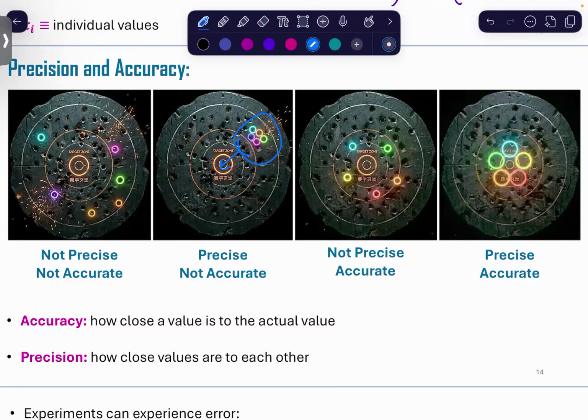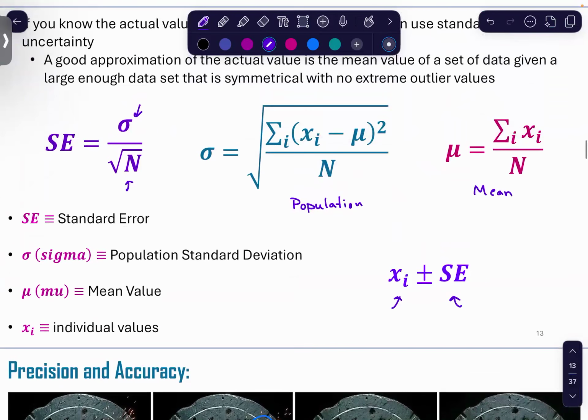Now, your third one, you see they've gotten much closer to the bullseye, so your data is accurate but not precise. You'd have a large standard deviation. Oh, and by the way, this symbol here is the lowercase sigma, or this is the uppercase sigma.